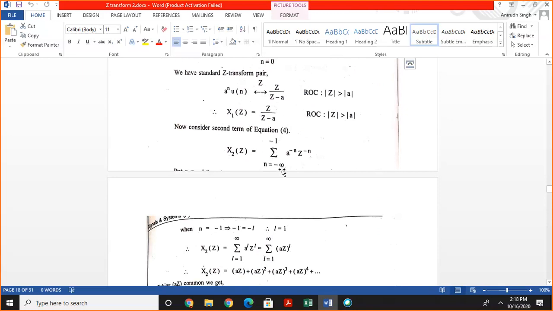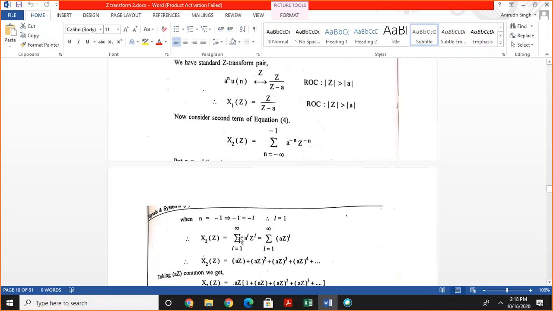For this term, X2 of z is equal to summation from n equal to minus infinity to minus 1 of a raised to the power minus n z raised to the power minus n, and if we put n equal to minus l, then l goes from 1 to infinity, and the minus signs cancel out.